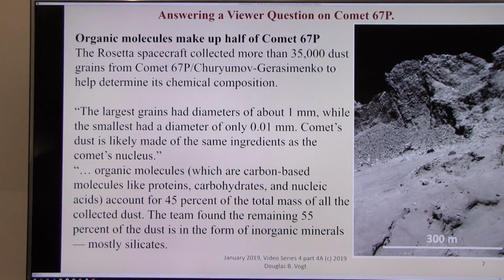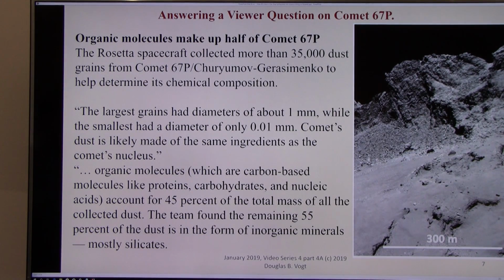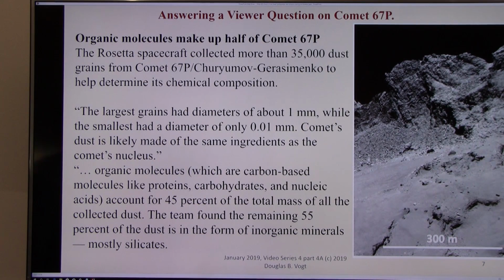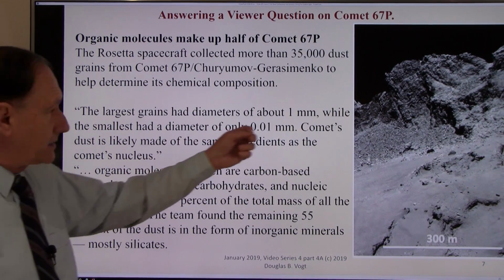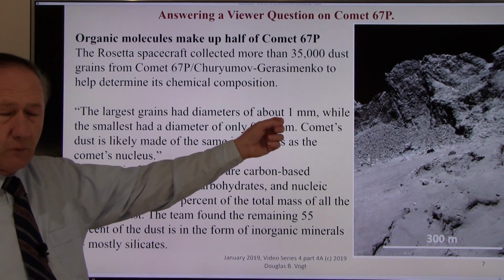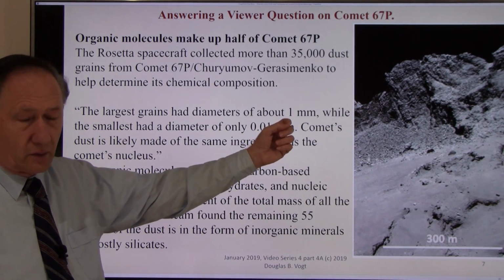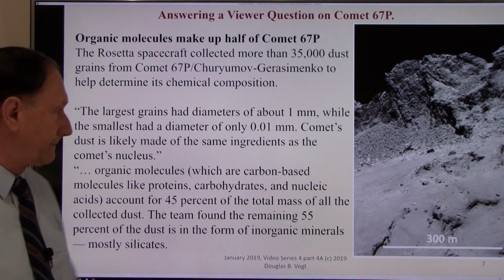Organic molecules make up half of the comet 67P. The Rosetta spacecraft collected more than 35,000 dust grains from the comet 67P, helped determine its chemical composition. The largest grains had diameters of about 1 millimeter, while the smallest had a diameter of about 0.01 millimeters. That's the same size as the glass beads that were found on the moon, as well as certain layers in the Earth. Same size.